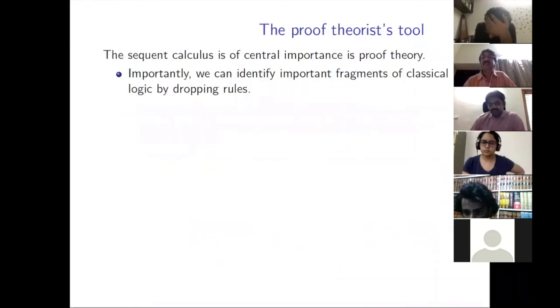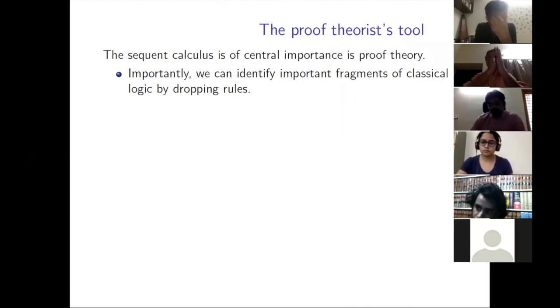And the sequent calculus is of central importance in proof theory. Importantly, we can identify many important fragments of classical logic. As I said, Gentzen devised this whole thing to prove consistency. But later on, this has become the main tool of proof theory, because you can look at many different things.